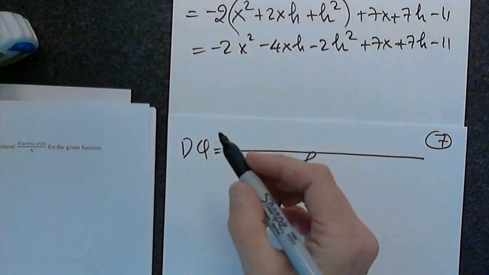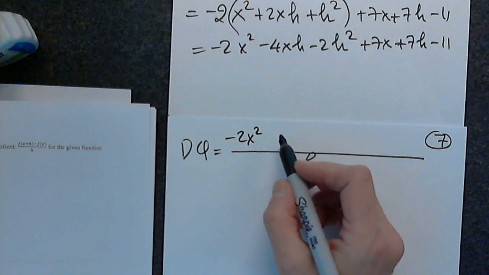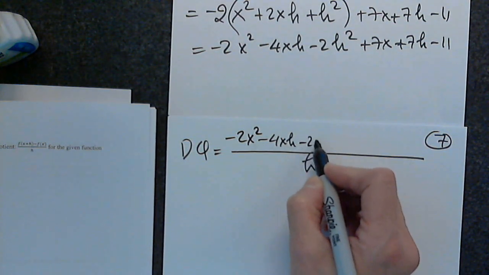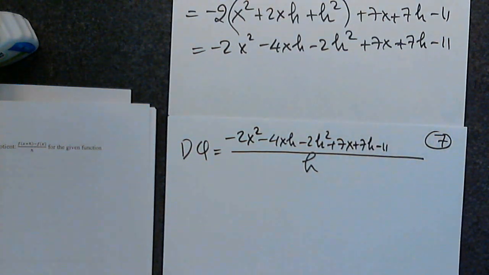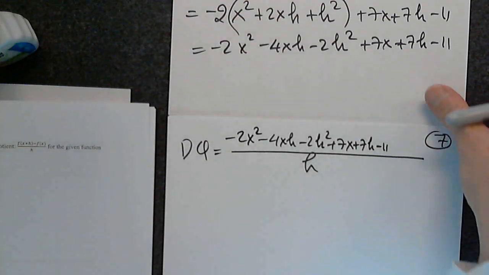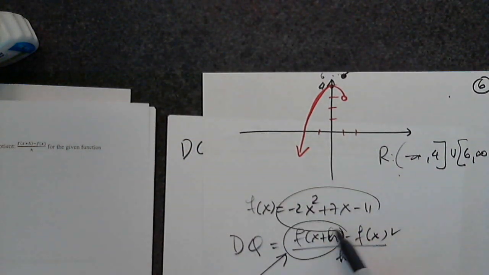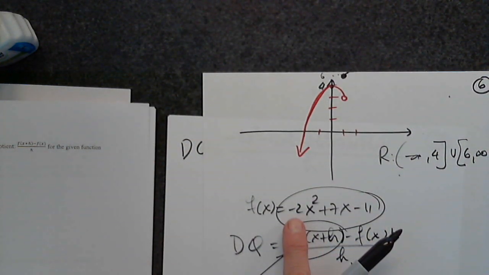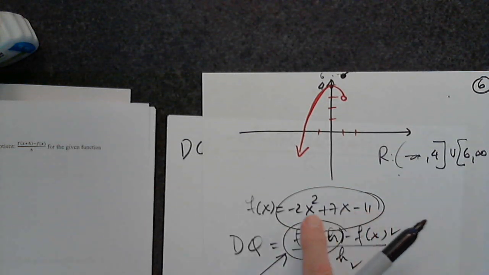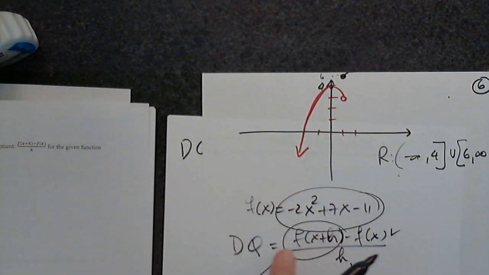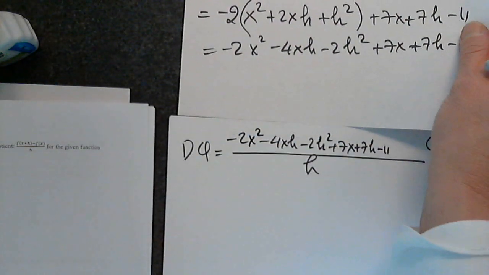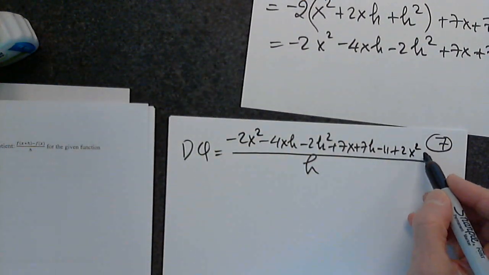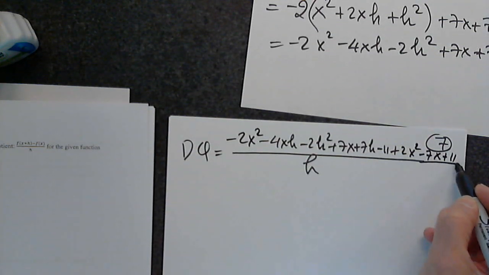So I copy negative 2x squared minus 4xh minus 2h squared plus 7x plus 7h minus 11. And when I subtract the function, I have to change all signs inside, because I distribute negative 1 to all terms. So positive 2x squared minus 7x plus 11.